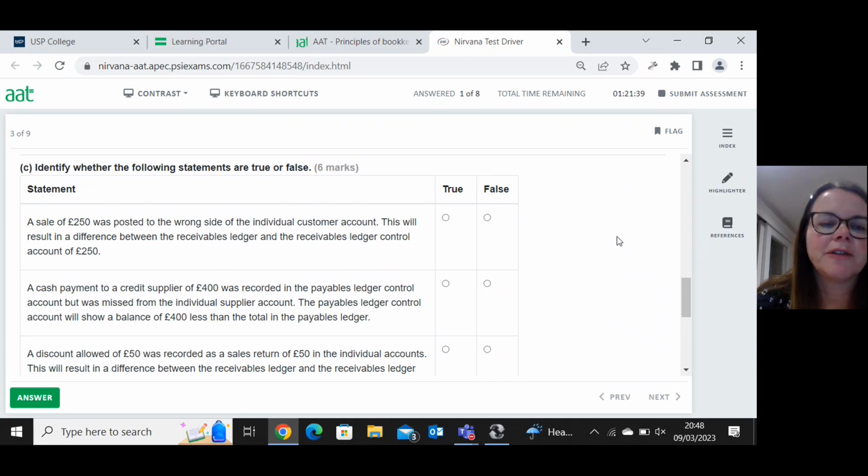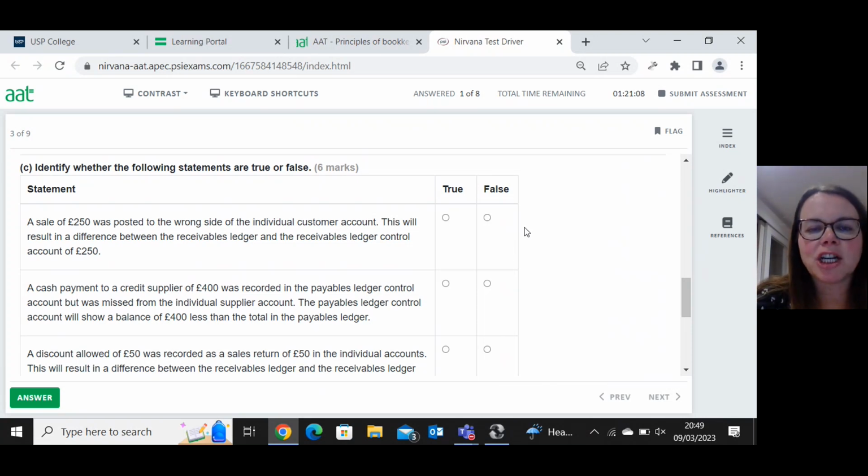A sale of 250 was posted to the wrong side of the individual customer's account. Thinking about the individual customer, if we make a sale, that's normally on the debit side because it increases the amount of the asset. The customer owes us more money. However, this one's on the wrong side, so this 250 must be on the credit side of the individual customer's account.